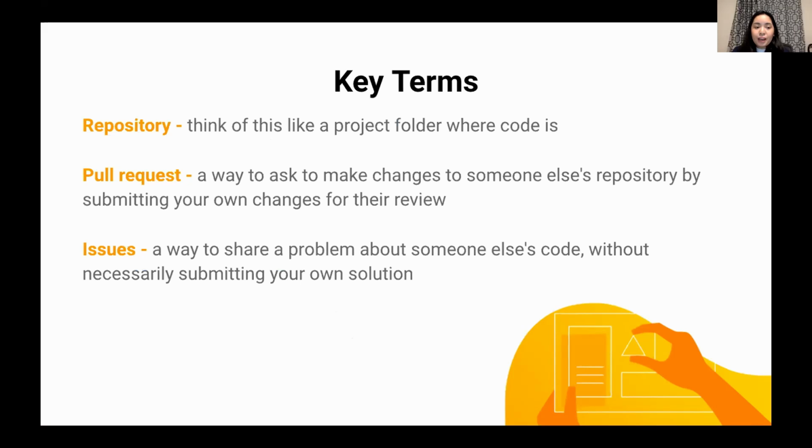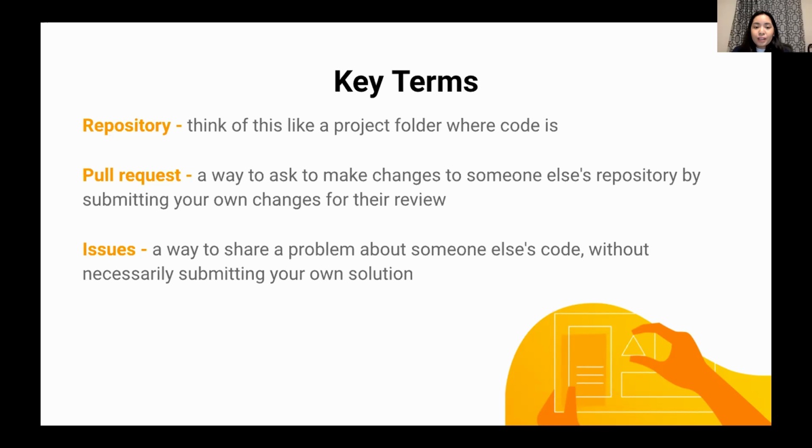Then we have pull request, which is basically a way to ask someone to make changes to their code. Let's say my friend has a repository and I want to make some changes to it. I can create a pull request, which is just asking them to make those changes, and it requires their review to accept it.